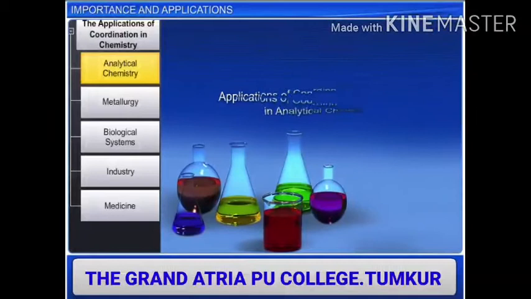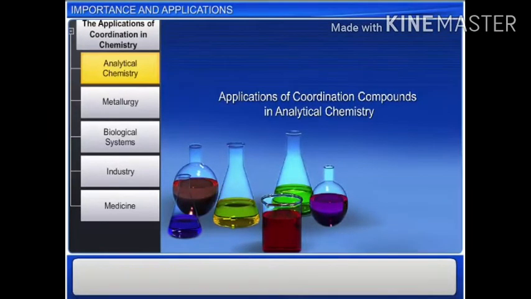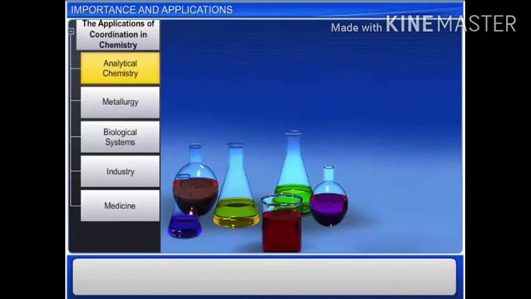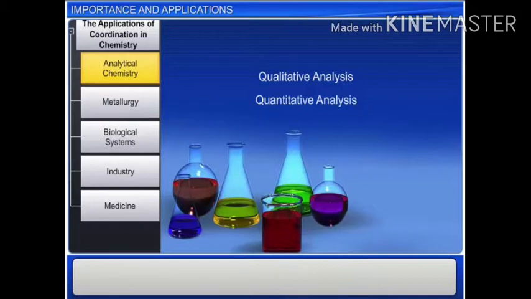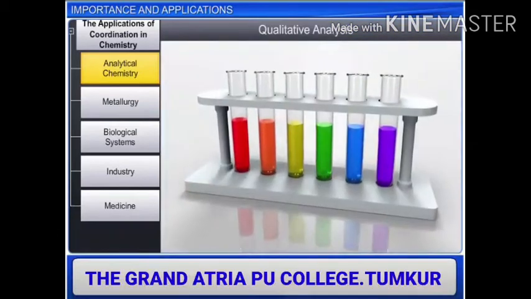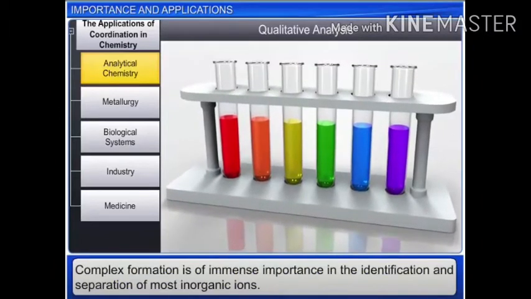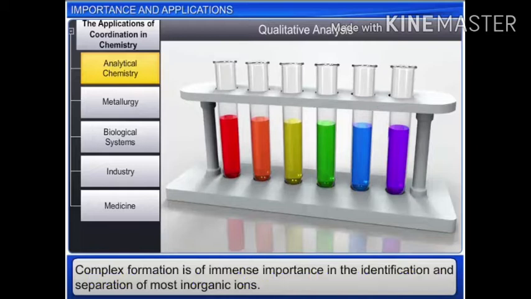Let us start with the applications of coordination compounds in analytical chemistry. Coordination compounds find application in qualitative as well as quantitative chemical analysis. If you look at the qualitative methods of analysis, complex formation is of immense importance in the identification and separation of most inorganic ions.